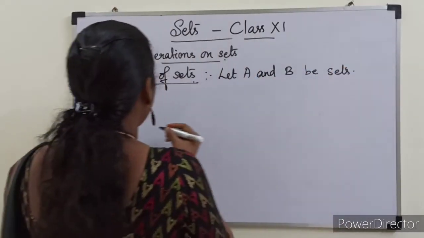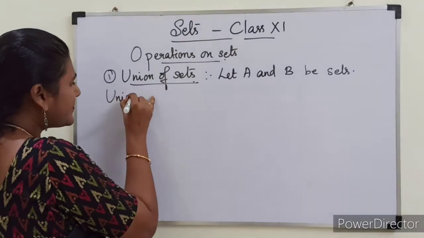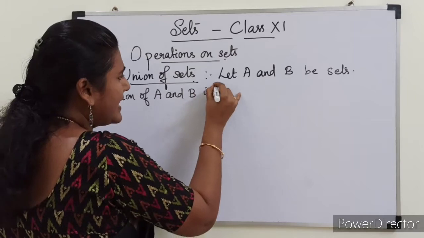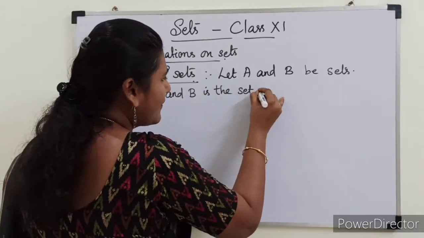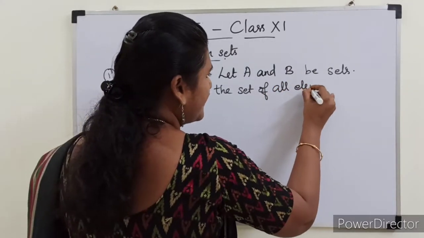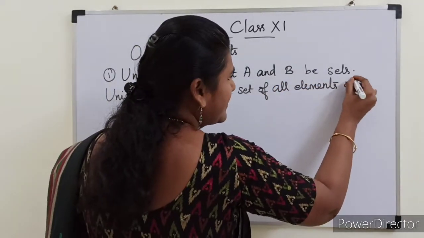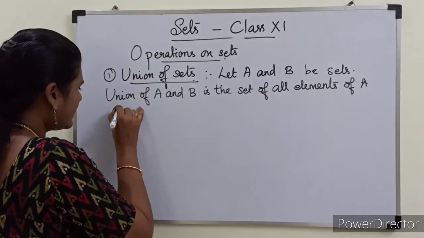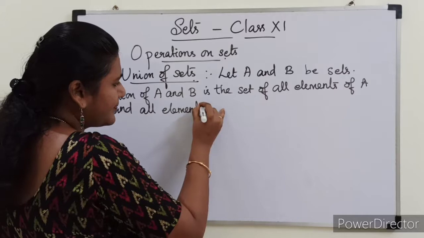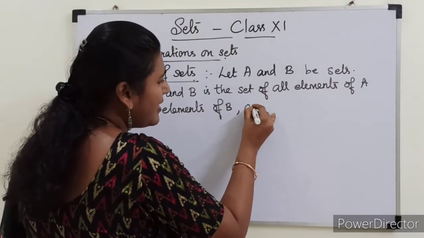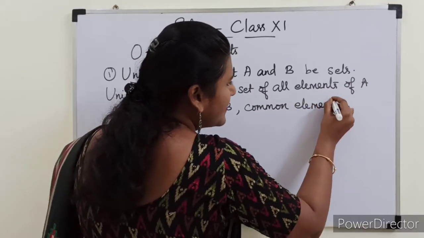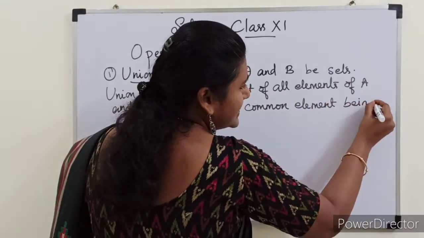Then, the union of A and B is the set of all elements of A and all elements of B, the common elements being taken once.